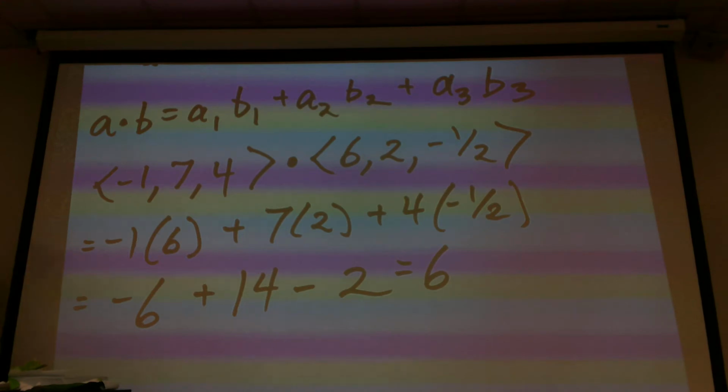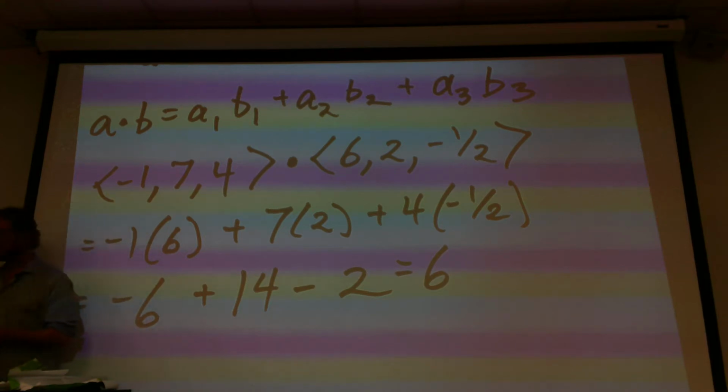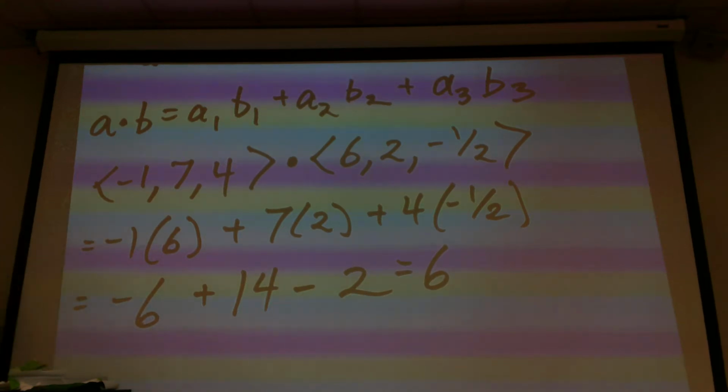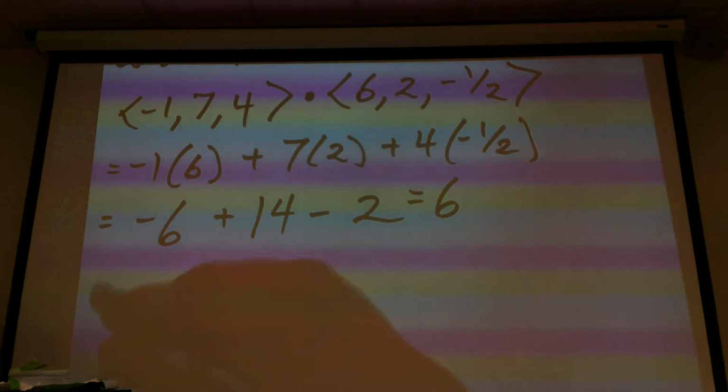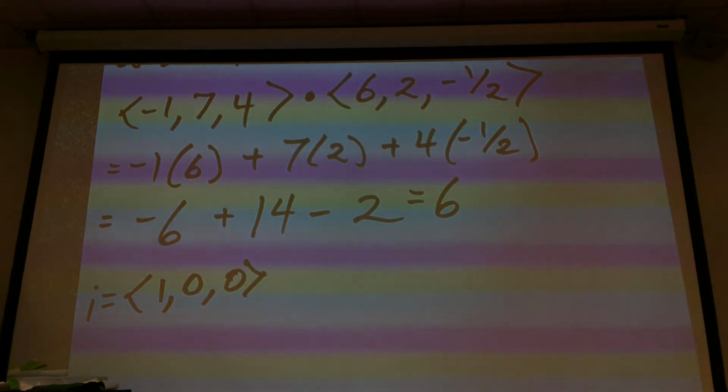But vectors don't always have to be written this way. We have a special type of notation in this class involving i's, j's, and k's. So i equals 1, 0, 0. That's just in the x direction.